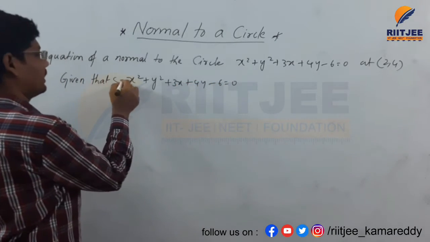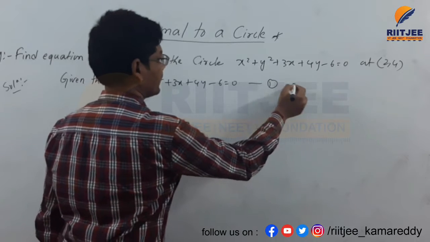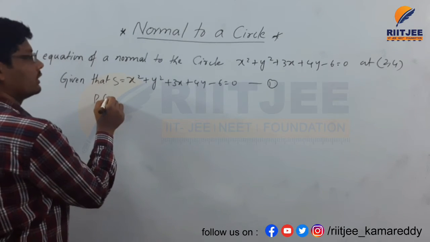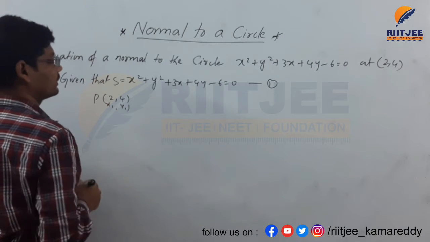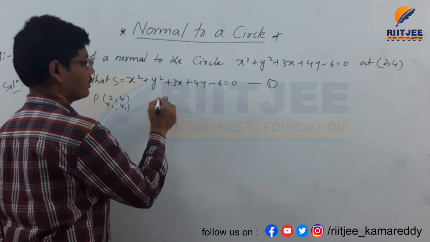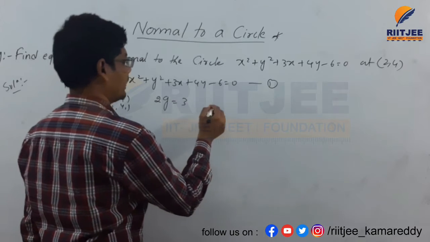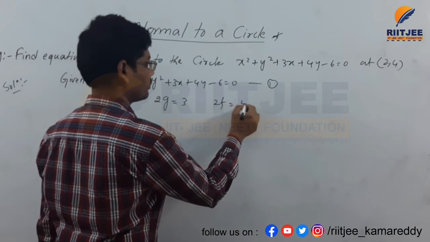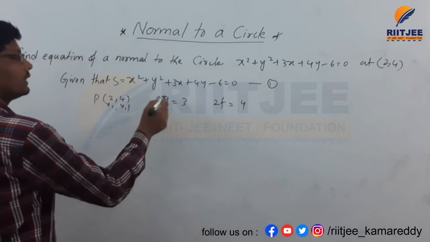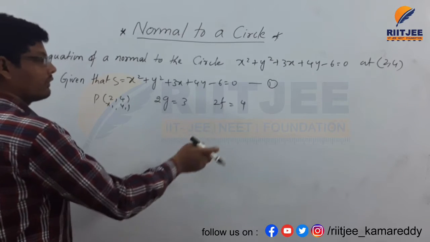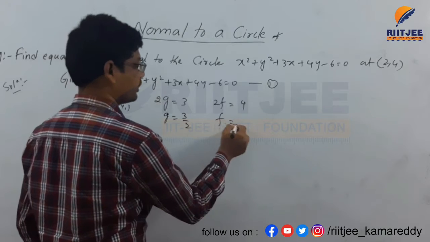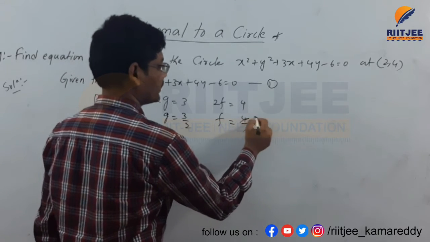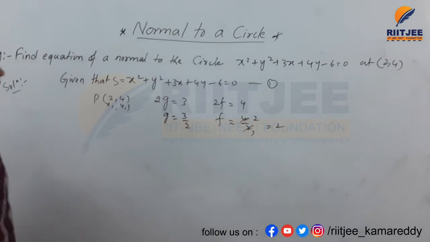This is the equation number 1, and at P of 2, 4, this is x1 and this is y1. 2g is equal to 3 and 2f is equal to 4. So g is equal to 3 by 2 and f is equal to 4 by 2, that is equal to 2.